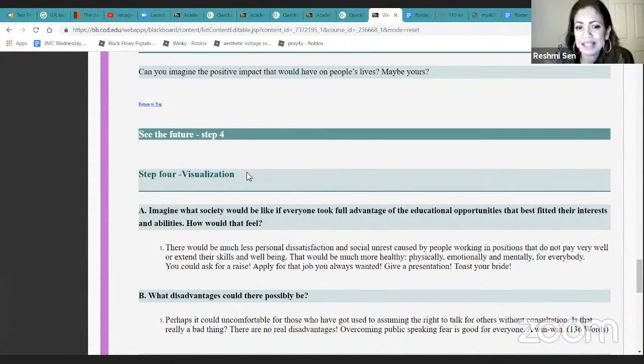So what you see in this visualization is that it has taken a lot of positive visualization. So it's positive reinforcement. There is no negative visualization. Visualization could be twofold: it could have positive visualization and it could have negative visualization.